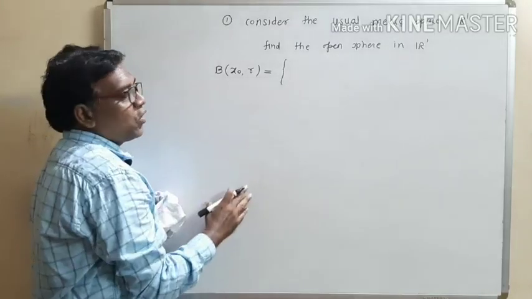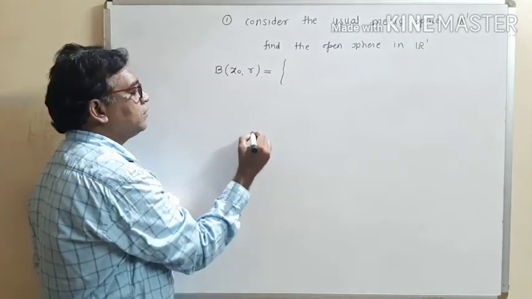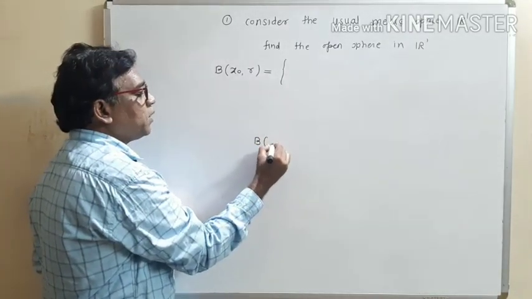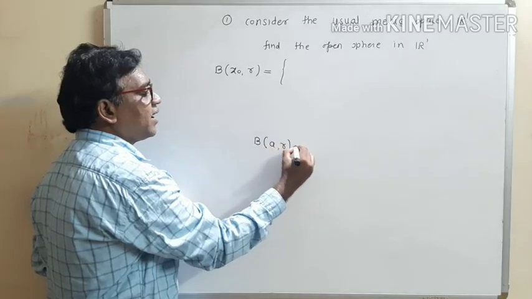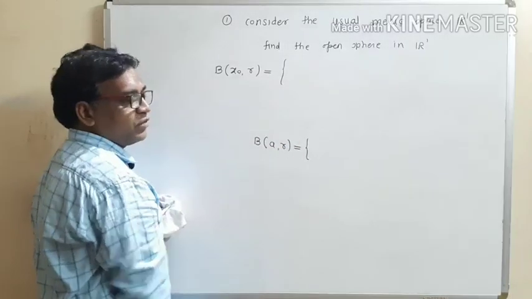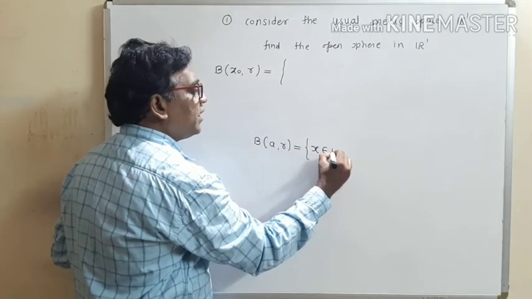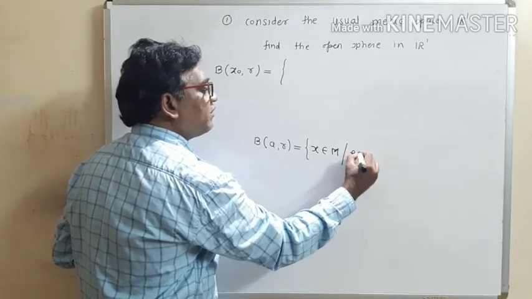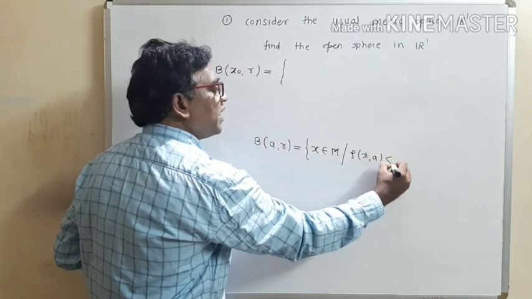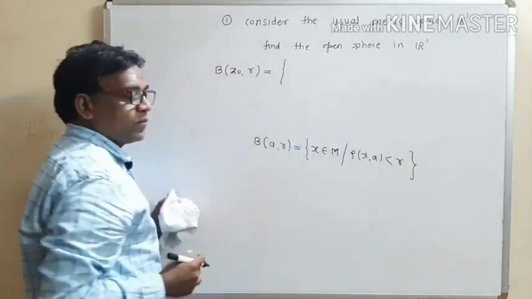So what is the definition of open sphere? The open sphere B with center at a and radius r is given by those elements in the metric space having the condition distance between x and a less than r.